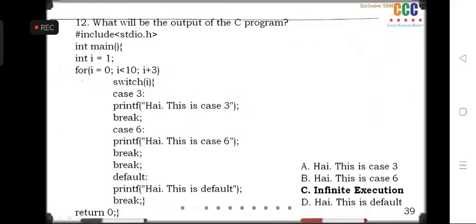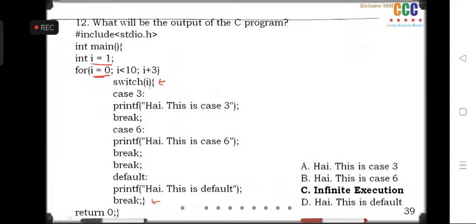For I equals to 0. So this is there in the for loop. Opened here. Closed here. Okay, single statement. That is fine. For I equals to 0, initially I equals to 1. Here it became 0. When it is 0, I less than 10.